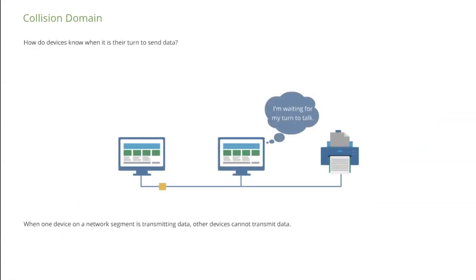On a network using half-duplex communication, when one device on a network segment is transmitting data, other devices cannot transmit data. Any device that needs to send data must wait until the line is clear. Well, all computers listen to the wire first to make sure the wire is idle before they send data. Sometimes data collisions do occur.